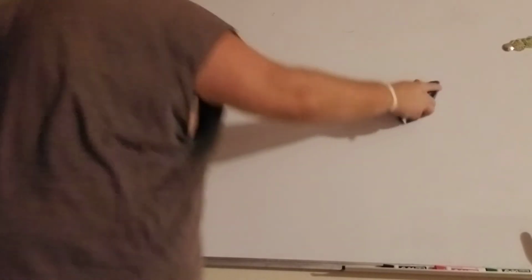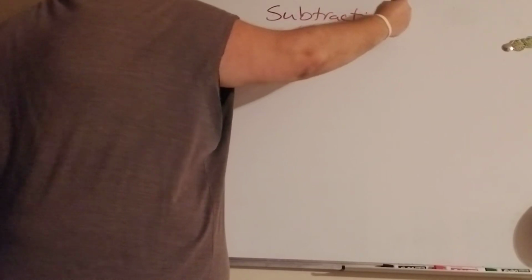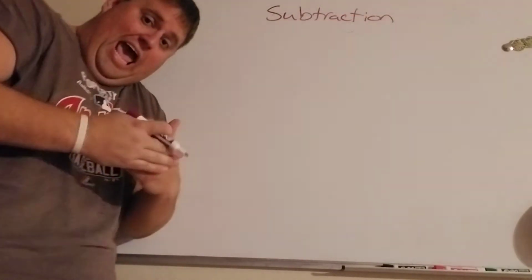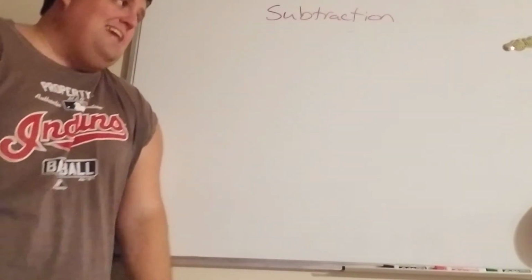All right, so if I'm subtracting, I'm going to do the same thing, except for instead of adding those numbers in the front, I'm going to subtract those numbers. So it's going to work the exact same way.